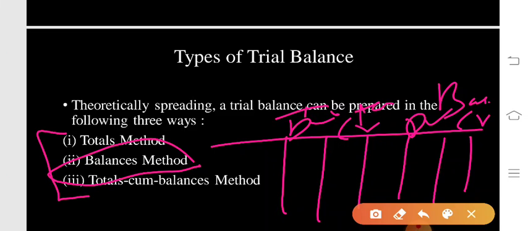So if an auditor comes, or the managing director comes, or someone else comes from outside who wants to know the position of your business, they will just check your balances of assets and liabilities, of expenses and incomes, and will find the position of your business. And that is why, in case of trial balance, the most appropriate method is the balance method.